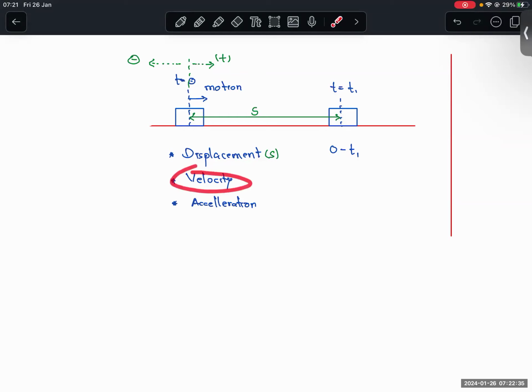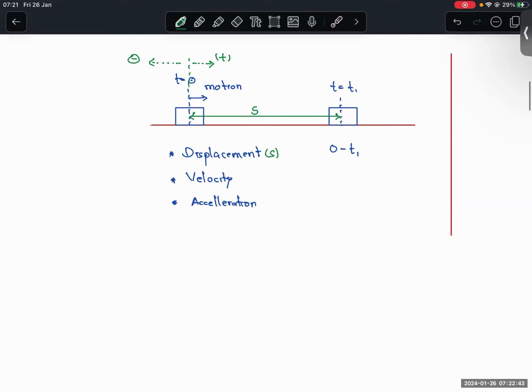Then what about velocity? Velocity is a vector, so it has positive and negative signs. When we define velocity, we define it in terms of displacement. What?